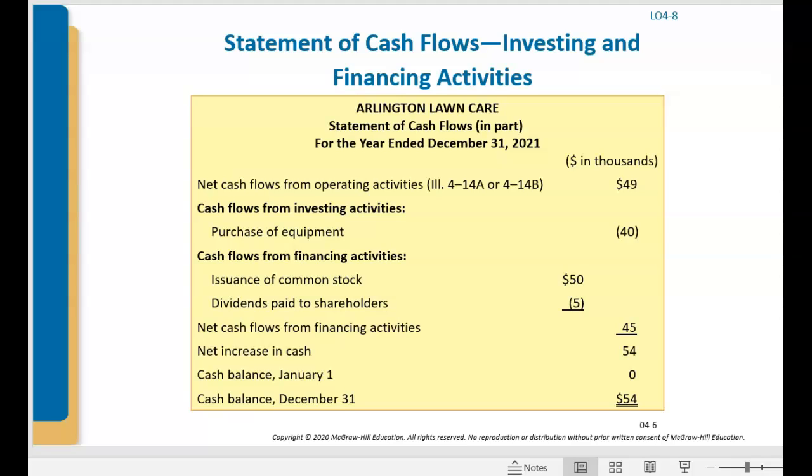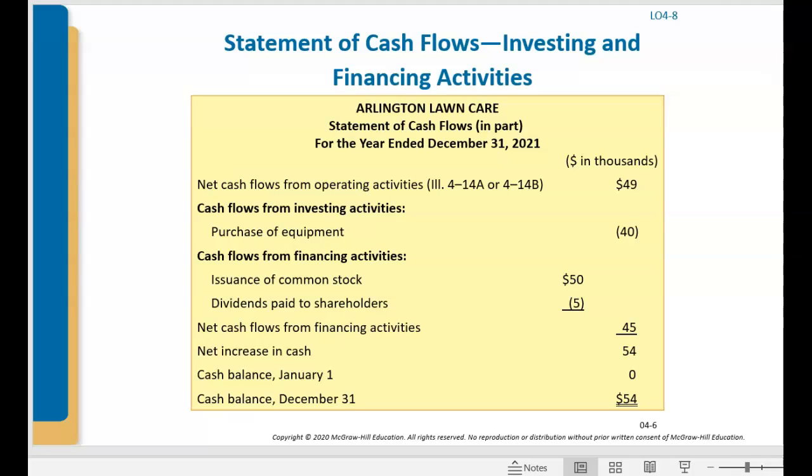You would look at the other long-term assets, property, plant, and equipment, and also notes receivable. Long-term notes receivable would appear in cash flows from investing activities. A sale will be an increase in cash. A purchase will be a decrease in cash.